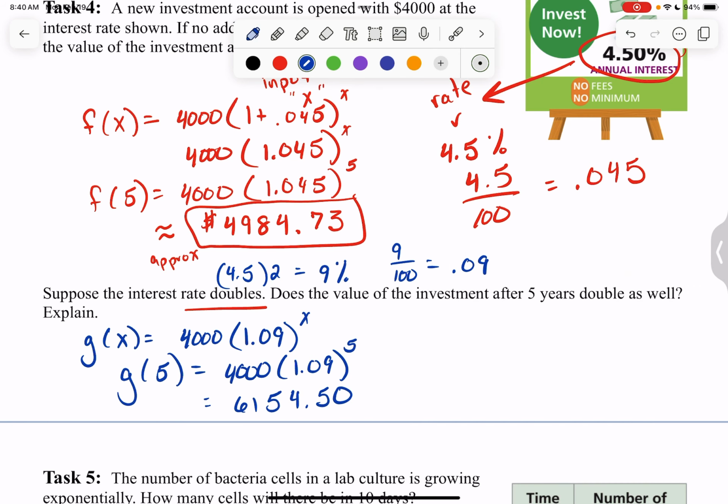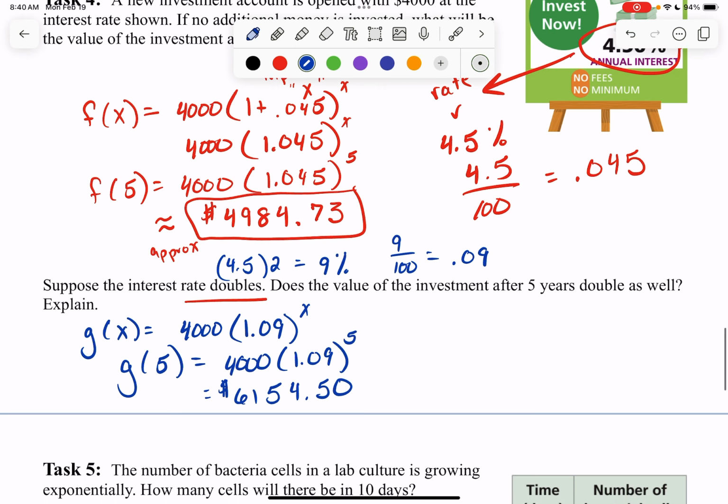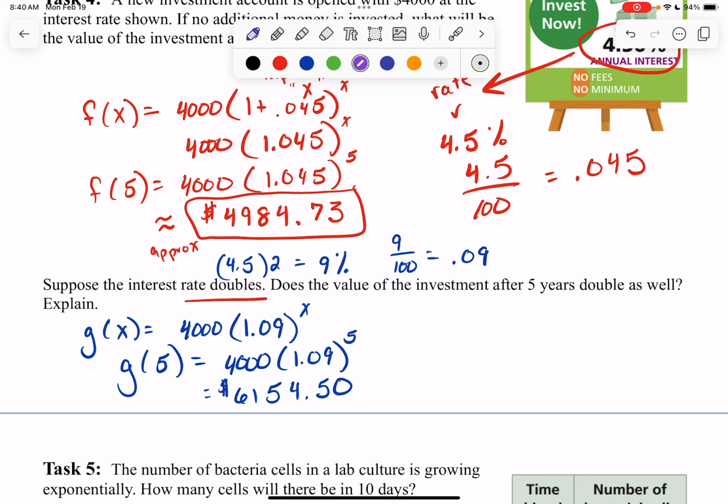Does the value of the investment after 5 years double as well? No. Well, first of all, the investment was $4,000. For it to double, that would be $8,000. But I think what we're looking at is, does the amount of money I make double?